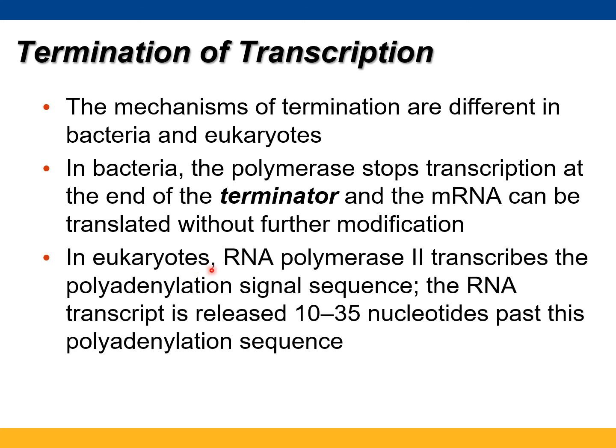In the case of eukaryotes, that RNA polymerase will transcribe what is known as a polyadenylation signal sequence, okay? It's actually a signal, and I'll explain what I mean in a second. So the RNA polymerase recognizes that polyadenylation sequence, and will transcribe another 10 to 35 nucleotides and then stop. So it doesn't stop right away like in the bacteria. It moves a little bit past it and then stops.